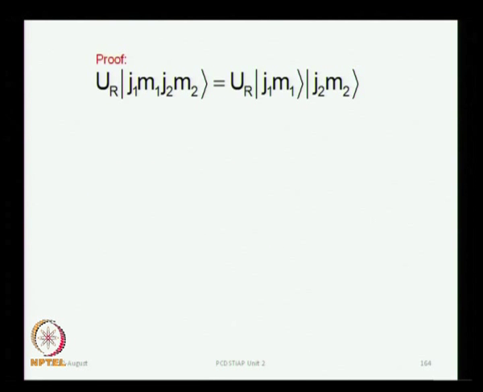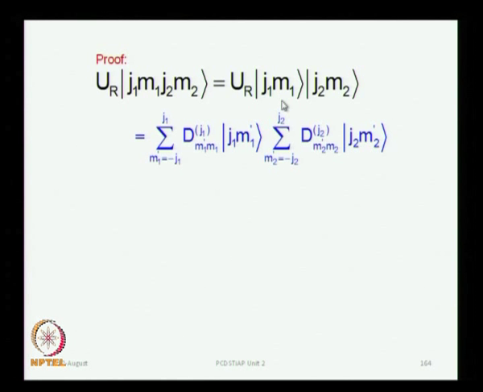So we will prove this theorem now, and we begin the proof by first considering the response of this direct product to the rotation operator. Both being angular momentum states, both of these will respond to the rotation. J1 M1 will respond to the rotation, and the result will be expressible as a linear superposition of the component vectors in that corresponding space.